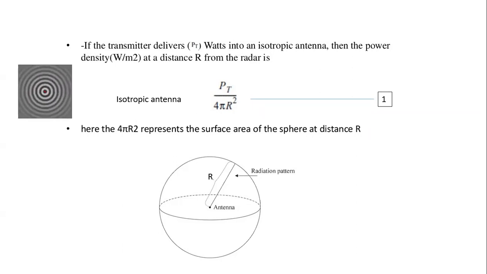Since it is isotropic and sending in all 360 degrees, we consider the surface area of the sphere, the area till what point this radiation or our waves are able to reach. Since it's isotropic, it is all over, like a sphere around that transmitting point.